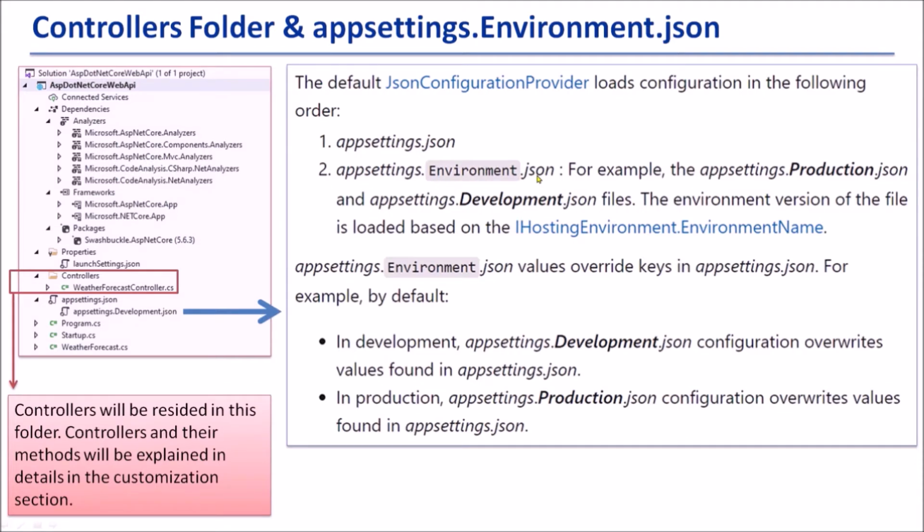For example, by default, in development, appsettings.Development.json configuration overrides values found in appsettings.json. In production, appsettings.Production.json configuration overrides values found in appsettings.json. It will change based on the environment name.